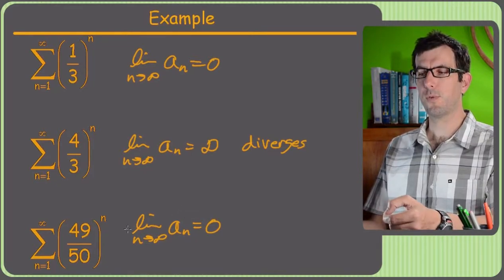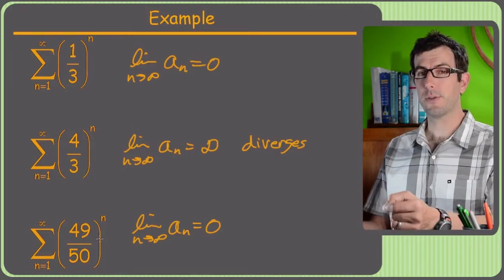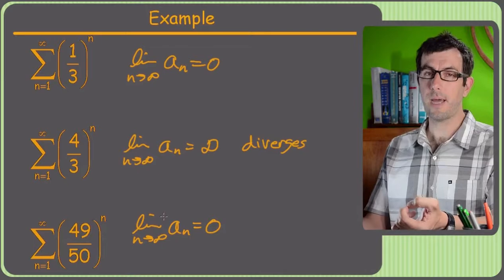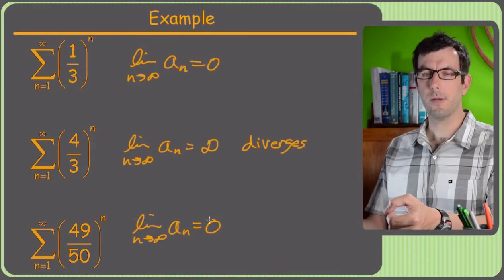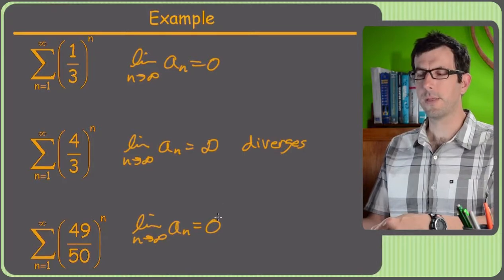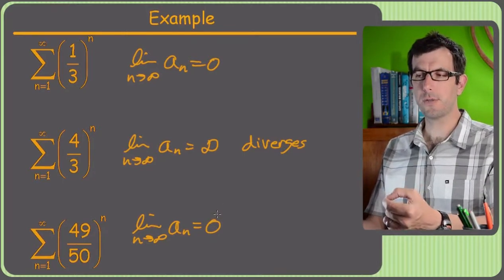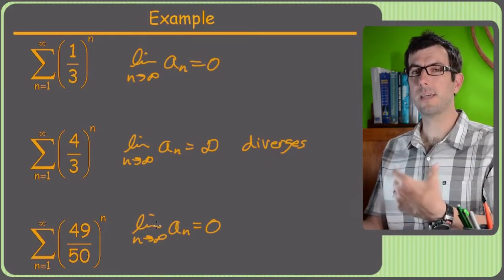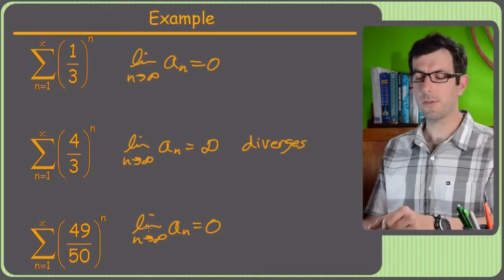So this thing does not diverge by the nth term test. It might turn out it diverges anyway, like the harmonic series diverges despite approaching 0, but the nth term test can't tell you if something converges, only if it diverges. Then it's up to you to look for some way I could see that it maybe converges.